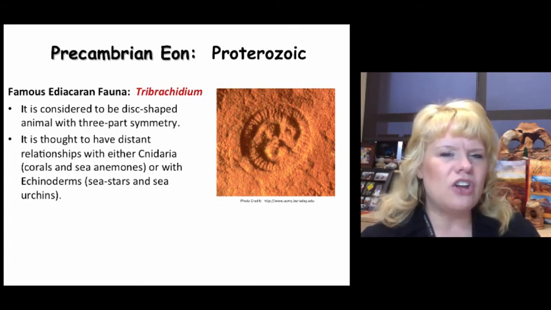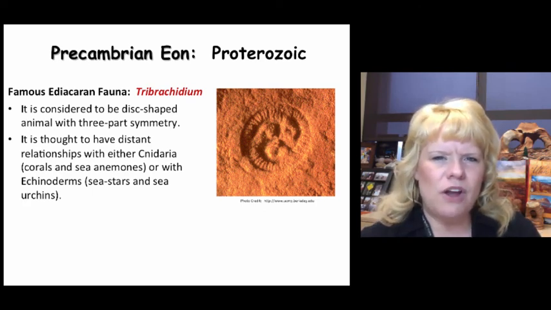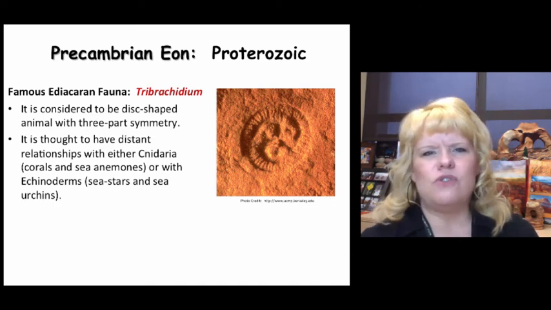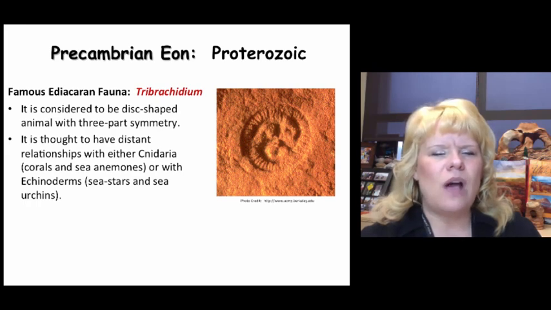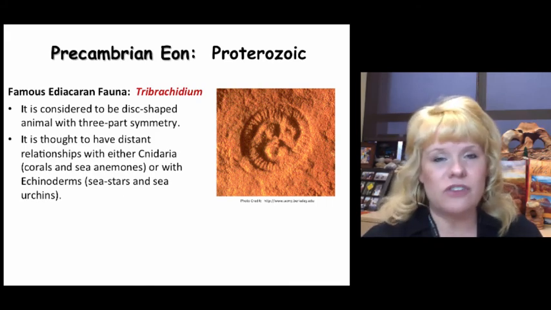Really, there's not good evidence to be connected 100% to either one. There's proof on both sides, but what we do know is that it lived on the bottom of the ocean floor. So an interesting animal, commonly seen in most all Ediacaran fauna assemblages.